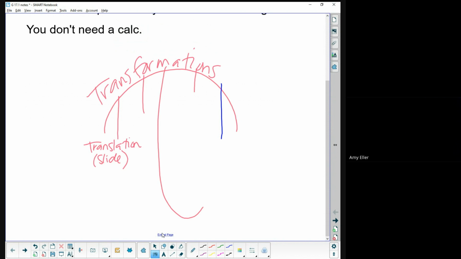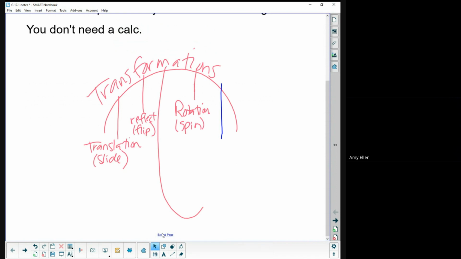What's another one? Ooh, that's today. Reflect. Which means to flip like a pancake. Another one that starts with R. Rotation. Which of course means to spin.